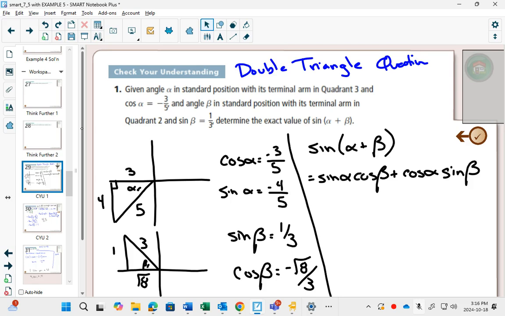And something interesting happens in the next step. We've already done our double triangles. I already wrote out what cos alpha, sine beta, cos beta are. The next step to solve this is you just have to plug things in.